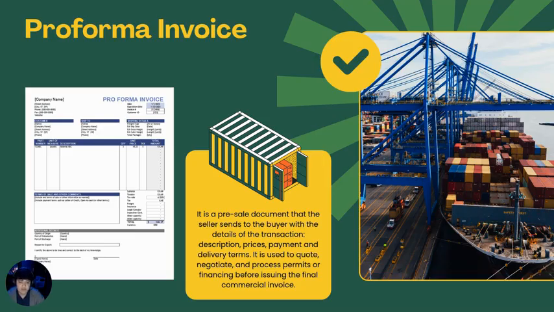In international trade, the proforma invoice is essential because it allows the buyer to review the proposal, request internal approvals, apply for an import license, or even arrange bank financing, although it has no accounting or fiscal value. It acts as a formal quotation that guides the future commercial invoice. In other words, the proforma invoice facilitates negotiation and prepares the foundation for the final sales contract.